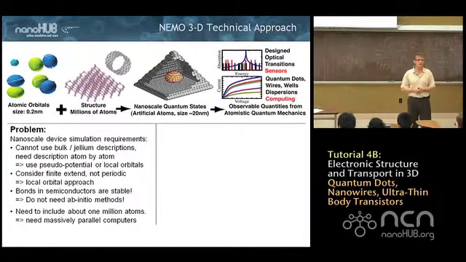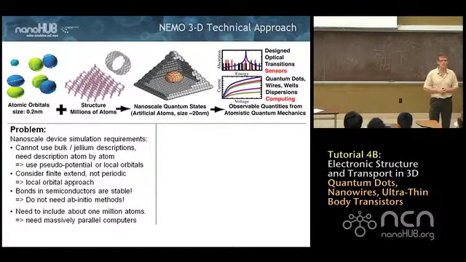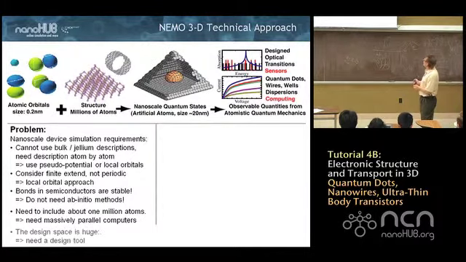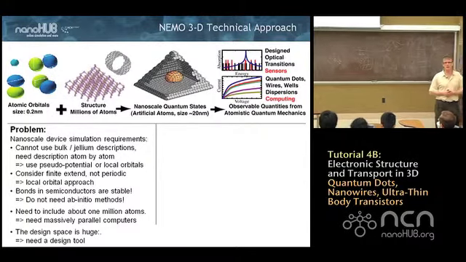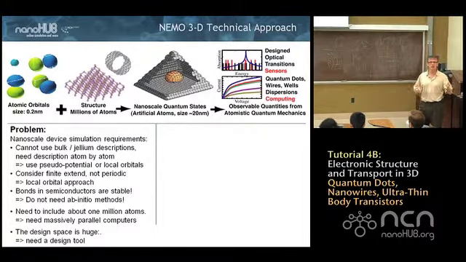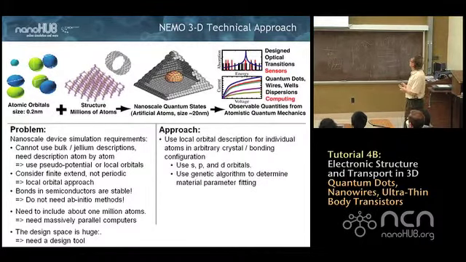They might contain 1 million atoms. So I should write something that is immediately parallel because I probably won't fit that onto a single computer. And I like to explore the whole design space. I like to have a design tool that allows me to look at arbitrary materials and arbitrary configurations and geometries.